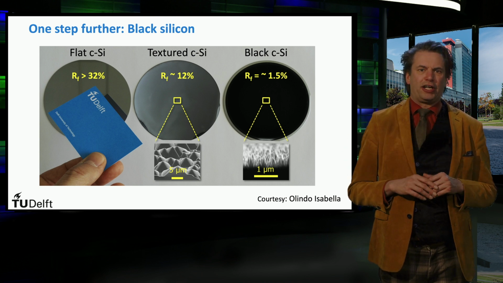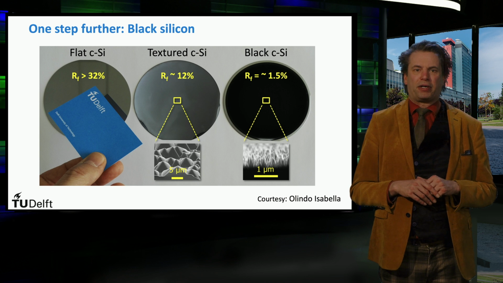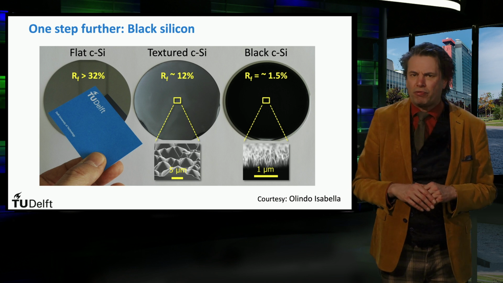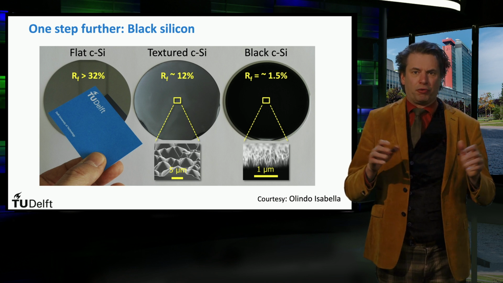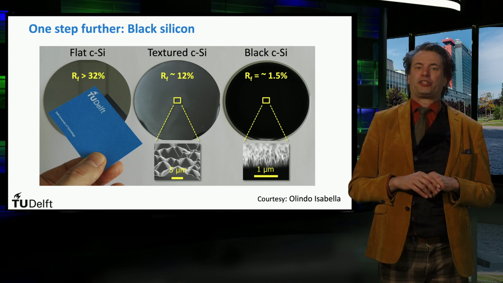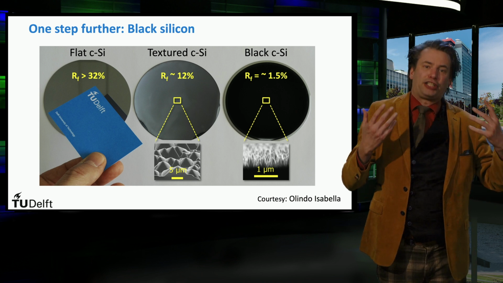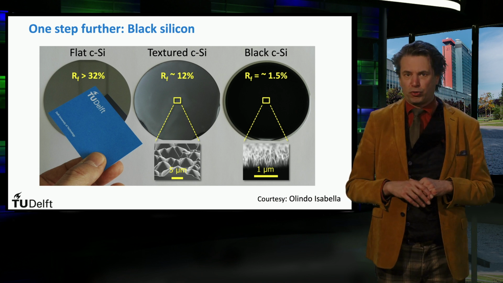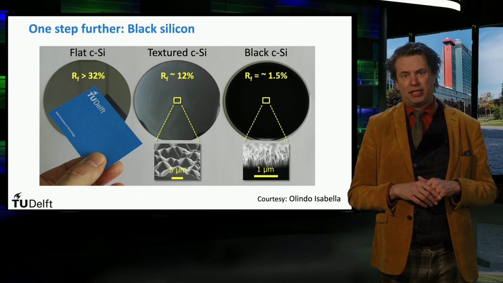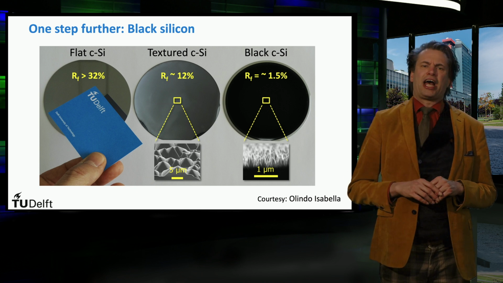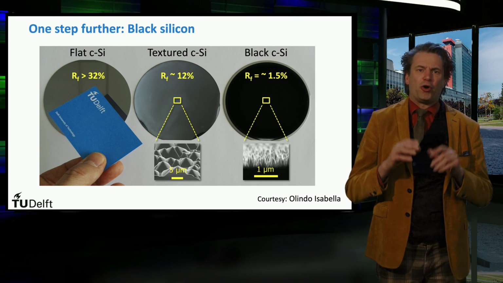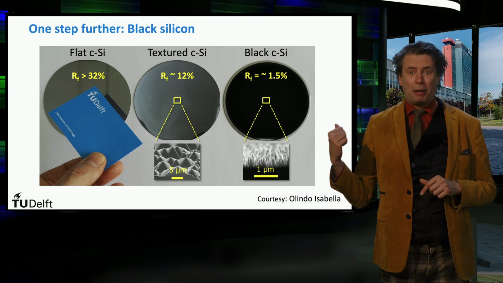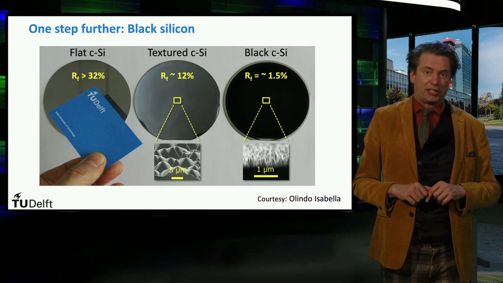Etching of such a wafer leads to textured surfaces with pyramid structures having only the 111 orientation, as shown in the middle. In this picture you can see such a textured surface of a monocrystalline silicon wafer as processed at the Else Kooi lab in Delft. Using such etching procedures, it's even possible to have a silicon wafer looking black, as shown in the picture on the right.